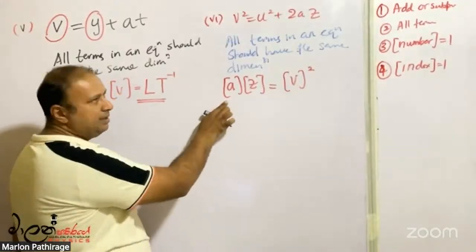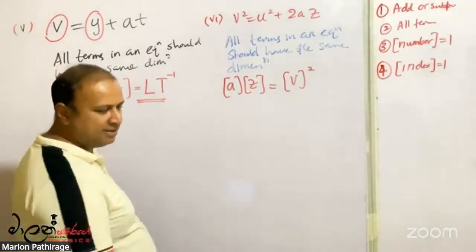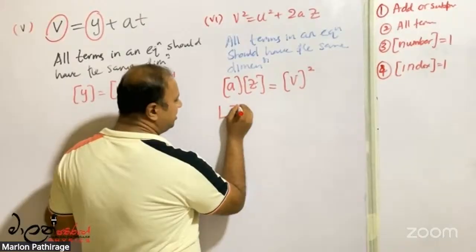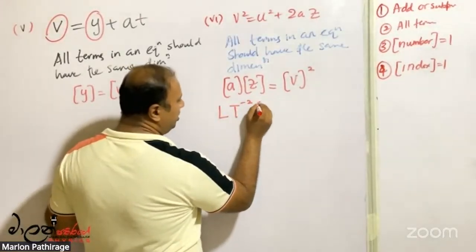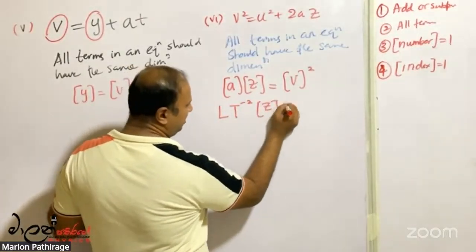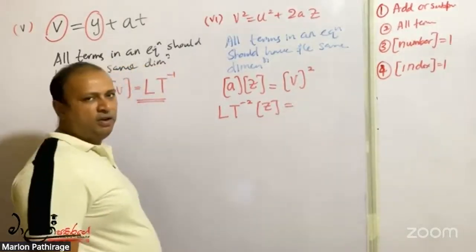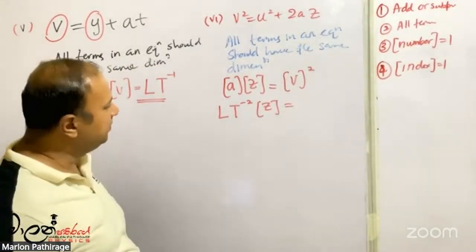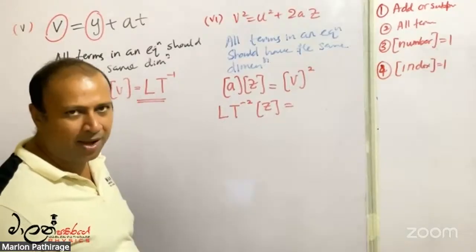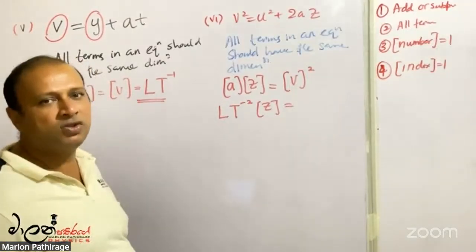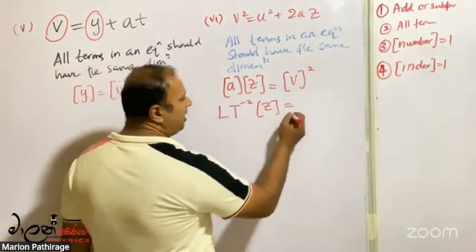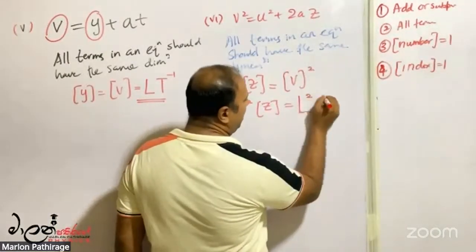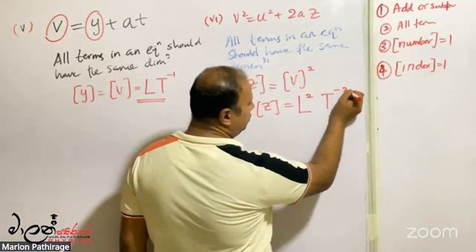A is acceleration, which is LT minus 2, into dimension of Z. V means velocity, that means LT minus 1. You have to take the square of LT minus 1. Therefore, L square T minus 2.